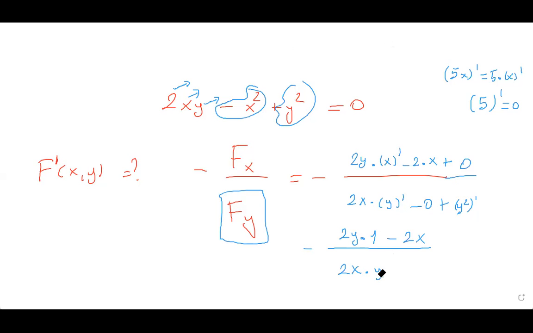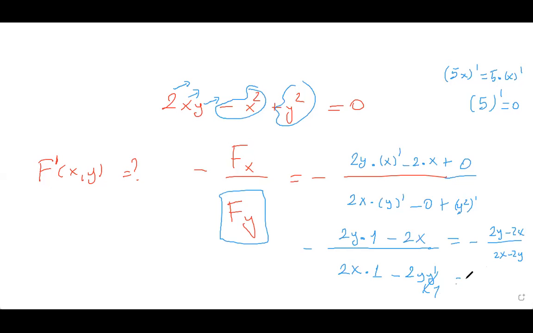It is 1 minus the derivative of 2y squared, so it is now 2y prime. It will be our solution. So negative 2y minus 2x divided by 2x minus 2. By the way, y prime is 1, so no need to write this one.